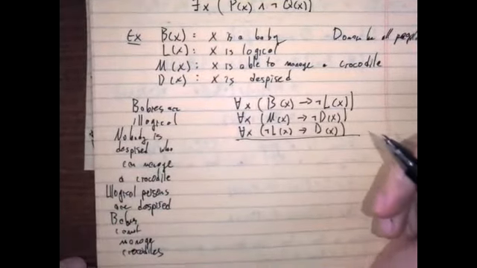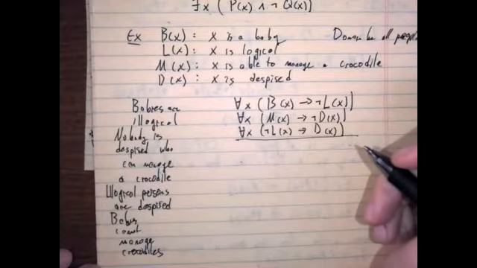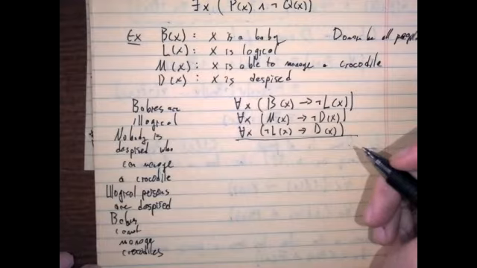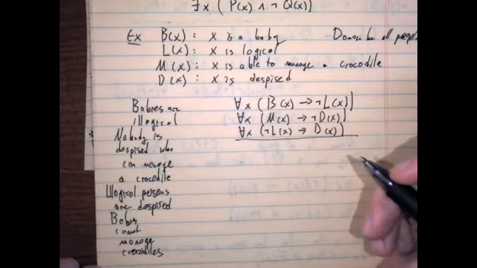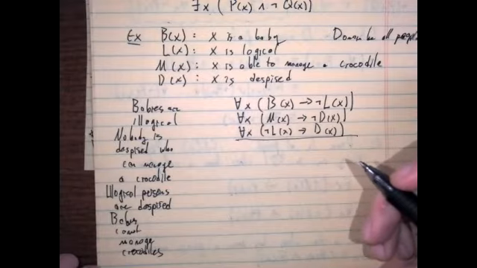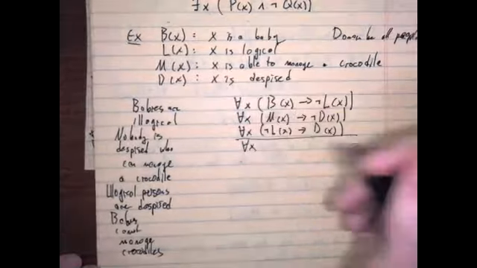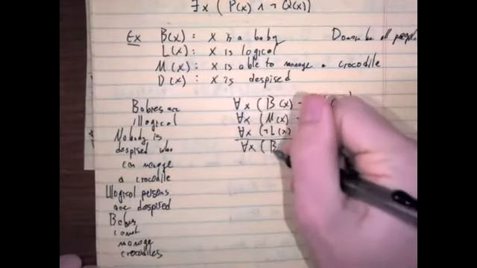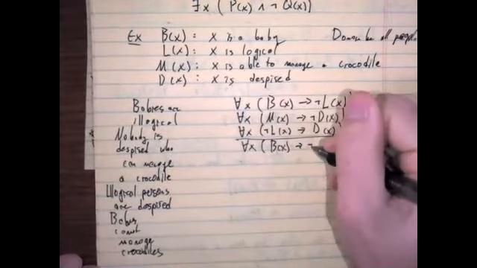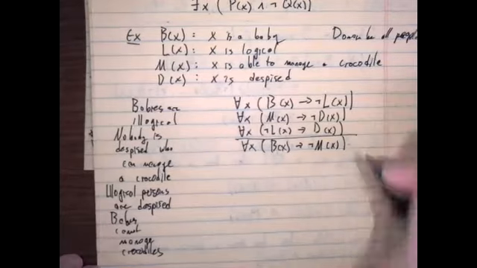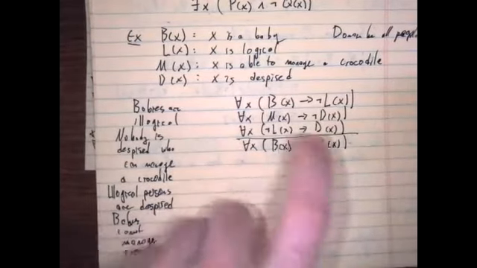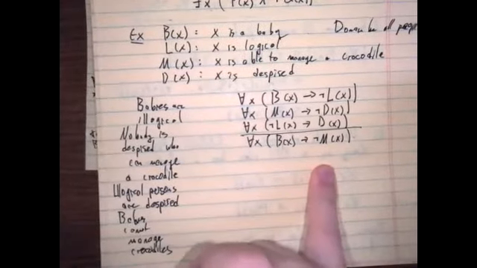And how do I write that? For all x, b of x implies not m of x. Exactly. If you're a baby, then you can't manage a crocodile.